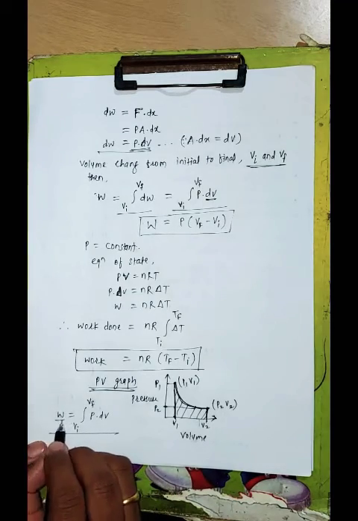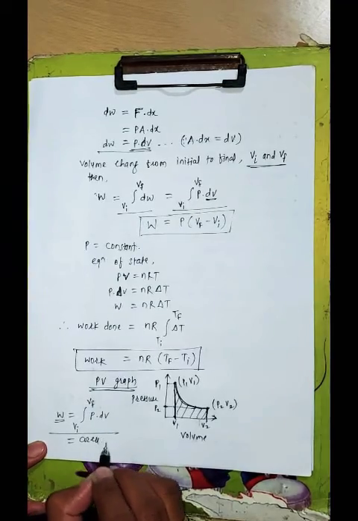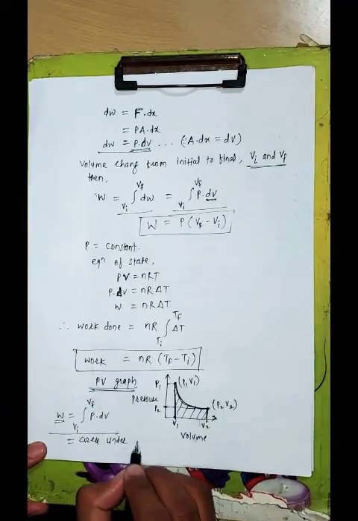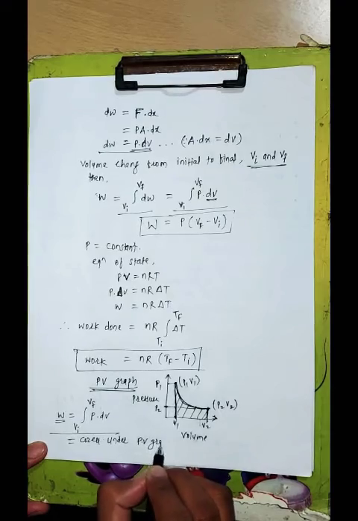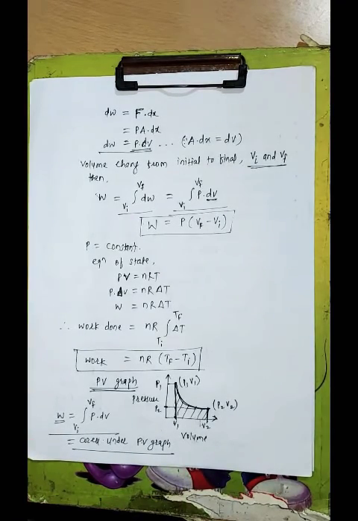So we can say that this work done must be equals to the area under the PV graph. So this is also the work done.